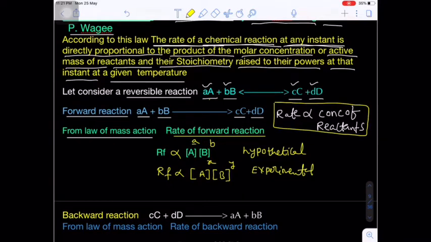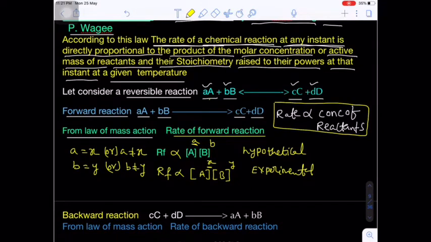Here the exponent small a and the exponent x may or may not be equal. Exponent small b and exponent y may or may not be equal.